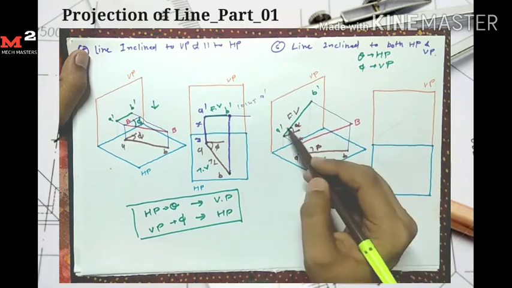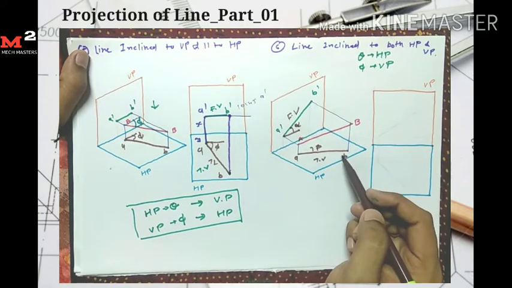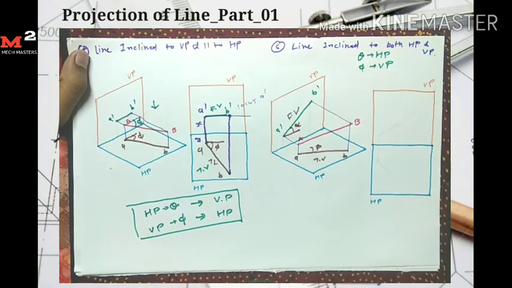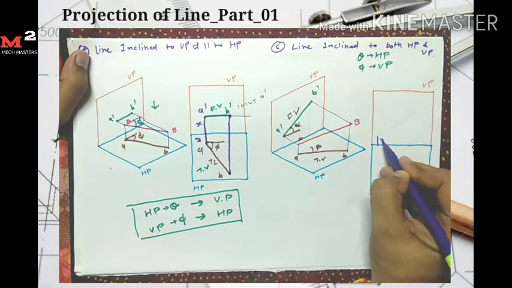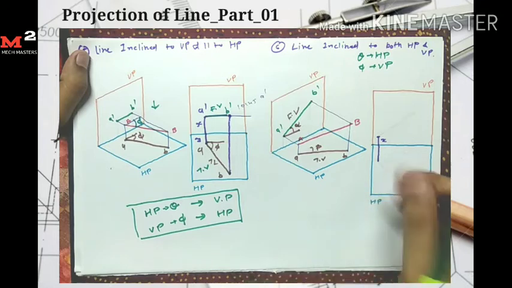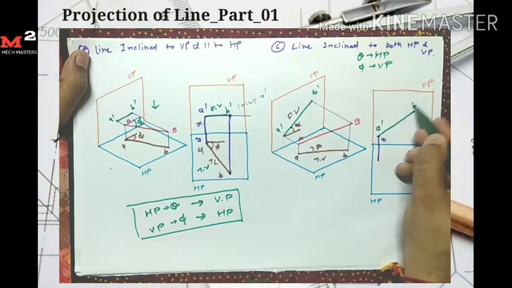Here A dash B dash is the front view and AB is the top view of the line AB. If I draw its orthographic projection, I take the x distance here and the y distance here, so I get the point A dash. From the A dash point I take the angle alpha and mark the point B dash.